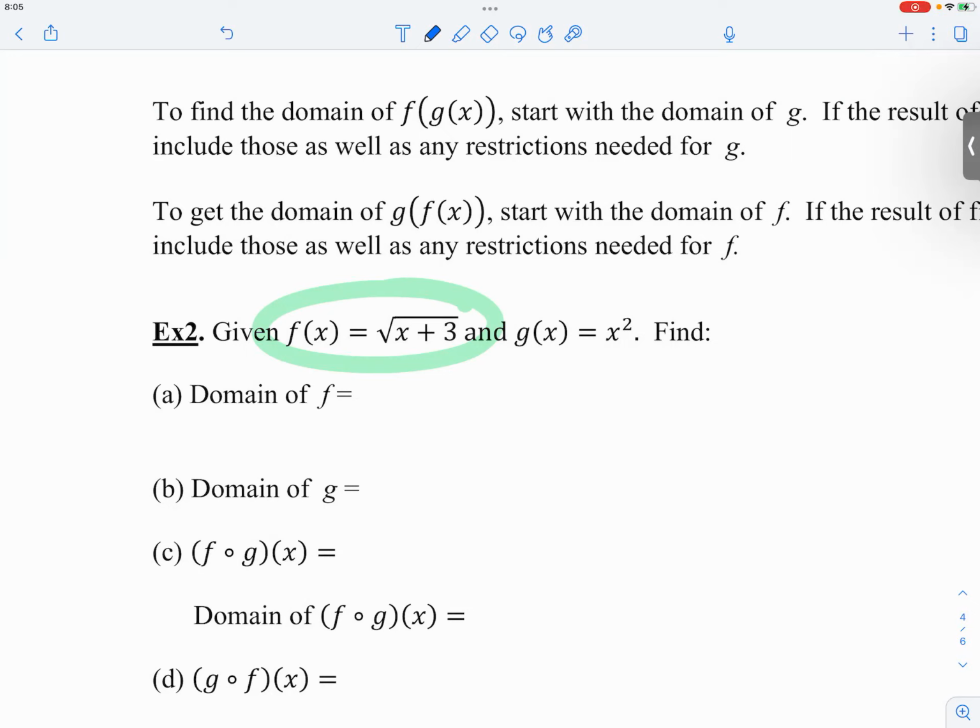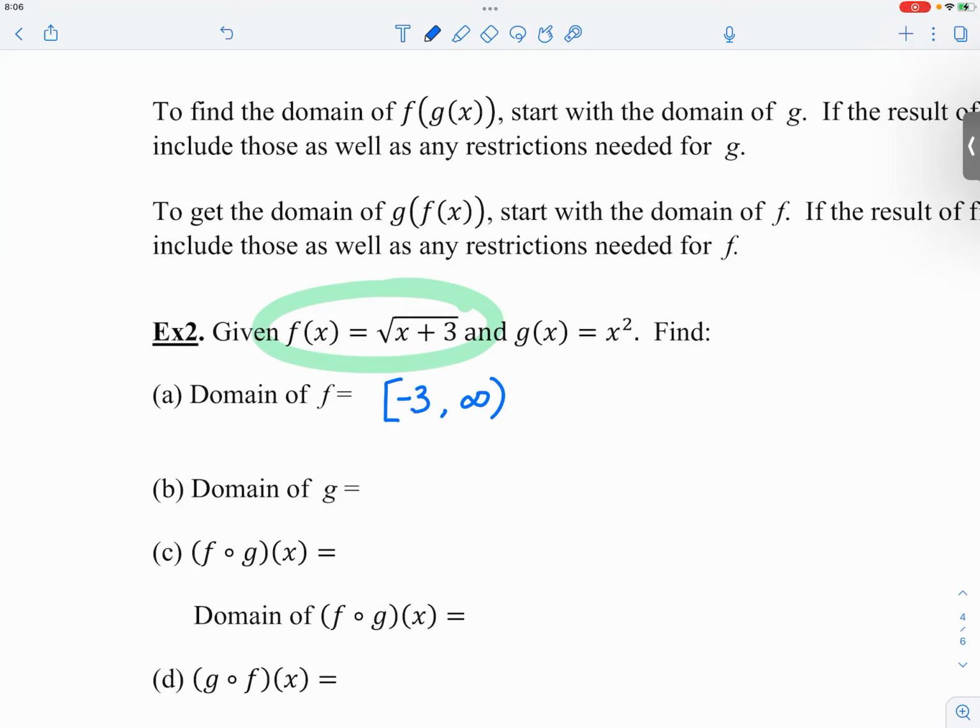So that means x could only be as small as -3, because that would give you 0. And it can go a lot bigger, because we would not risk getting a negative number if the number is bigger. But we definitely do not want any number that's smaller than -3, because that would give us an imaginary number.